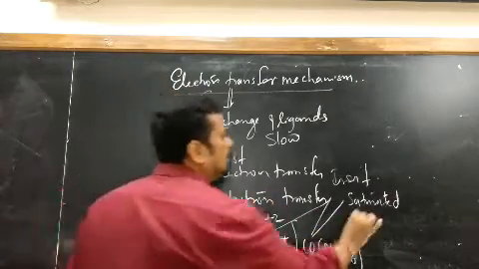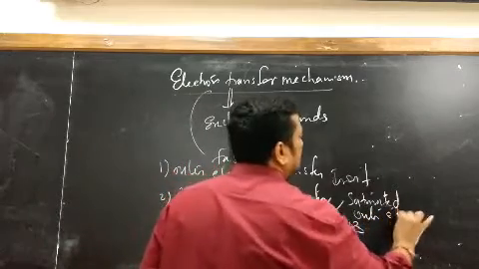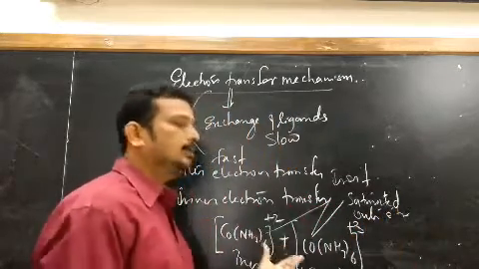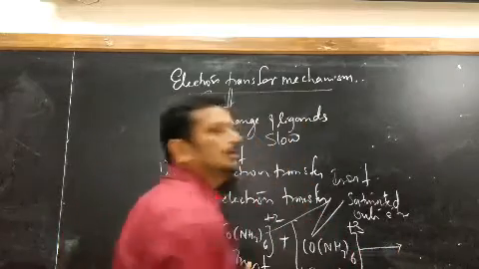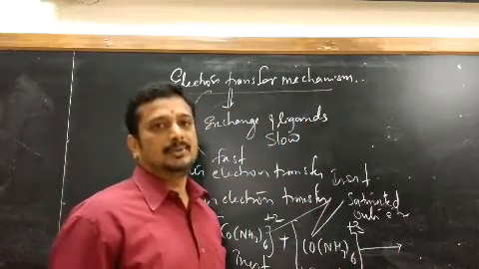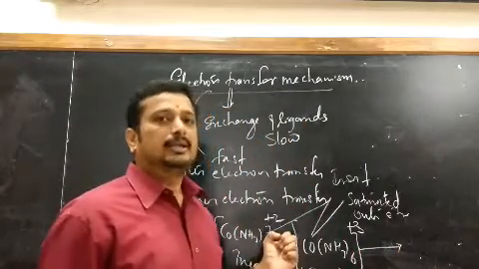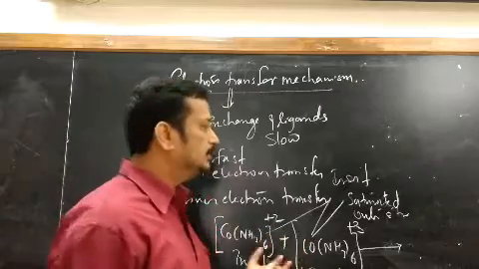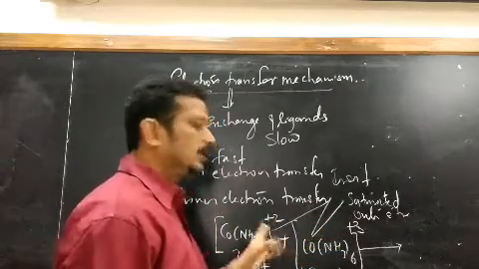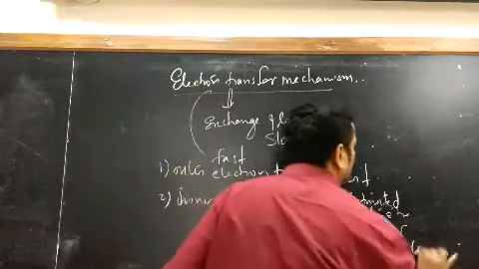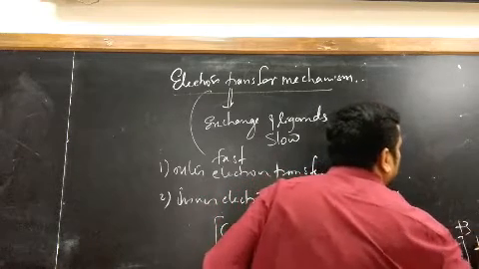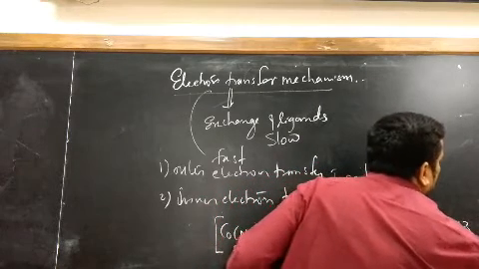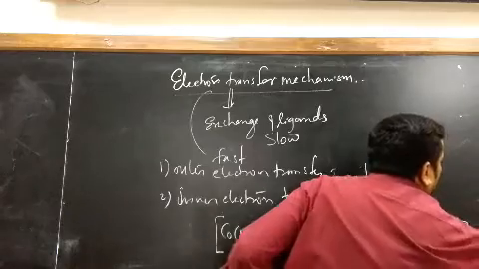Whatever transition state is formed when they react will be inert in nature. There is no bridging here, so the electron transfer is direct. I can write here Co(NH3)6 3+ plus Co(NH3)6 2+.